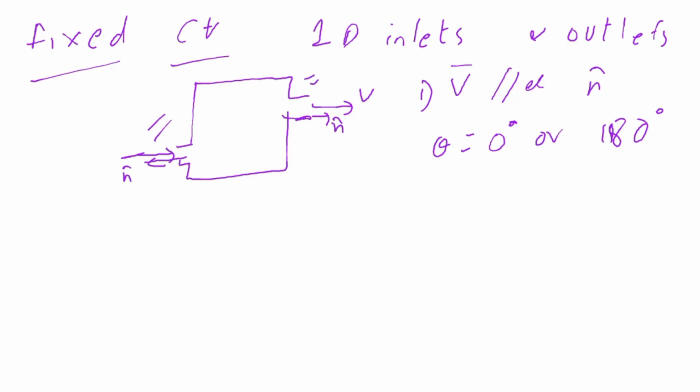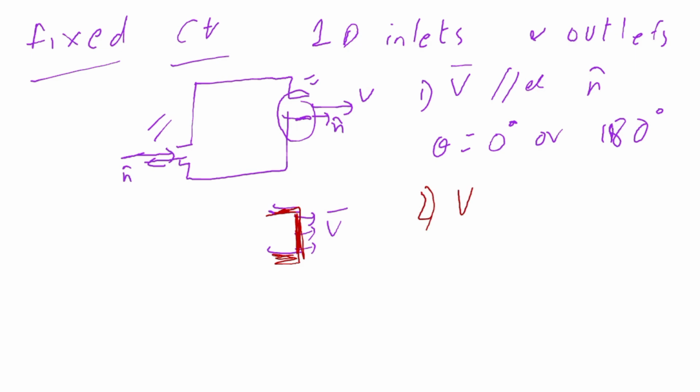The other requirement for it to behave as a 1D inlet and outlet is that the velocity across this cross section is constant, or you know what the average velocity is. So if this is a pipe, across this the velocity is constant. That is the other criterion that you need, right?